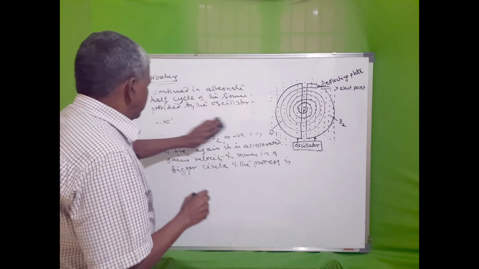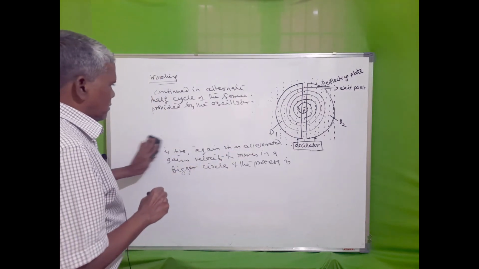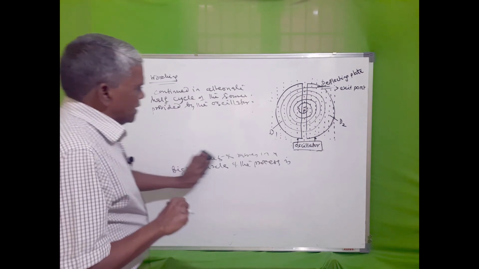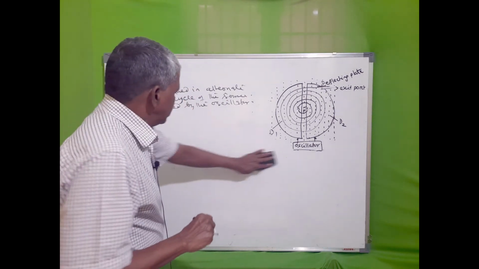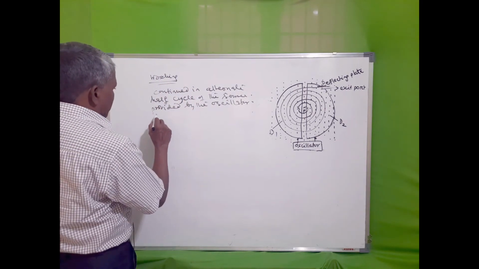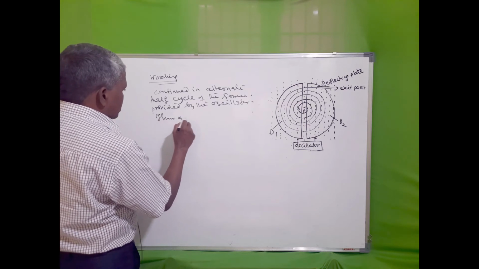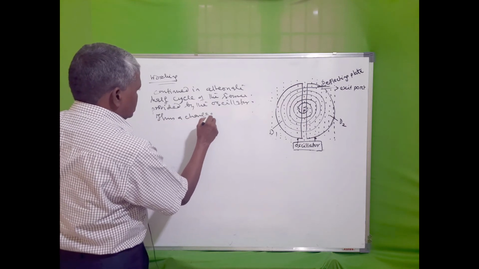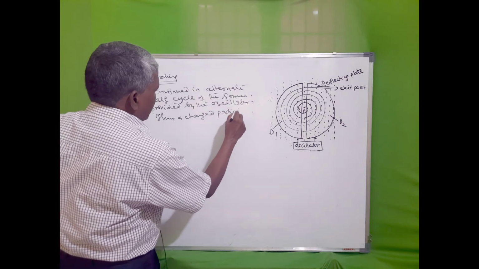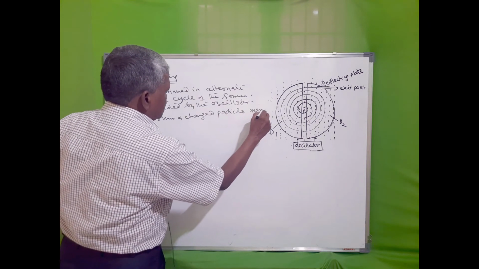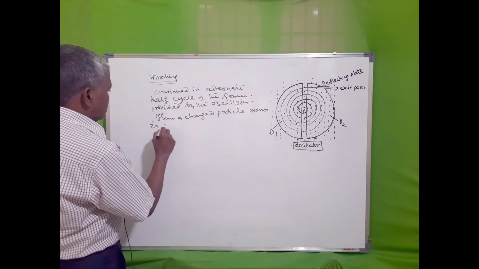Thus, a charged particle moves in a spiral path.